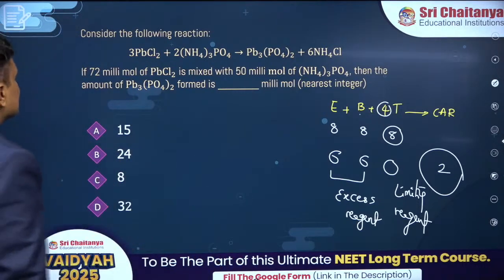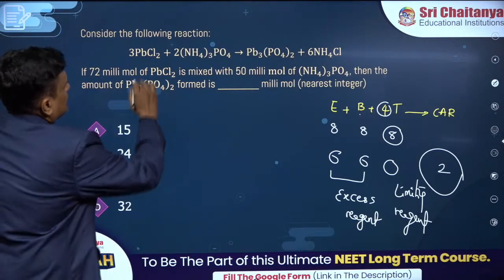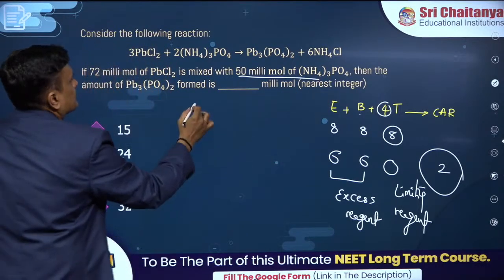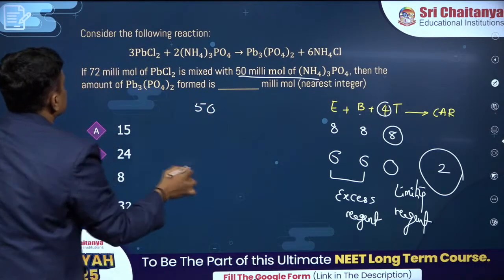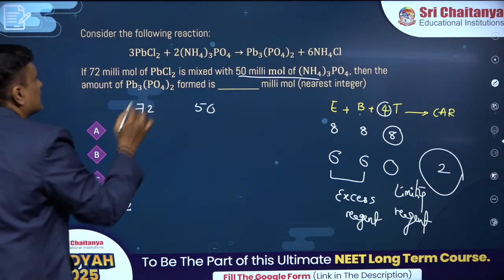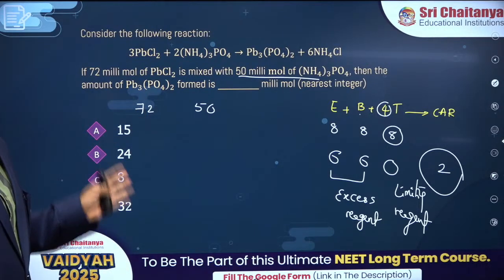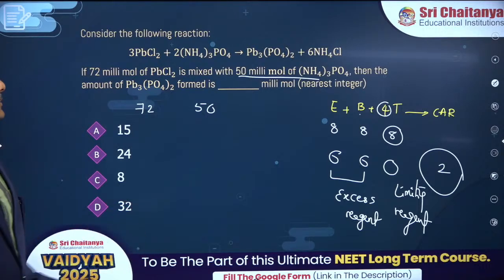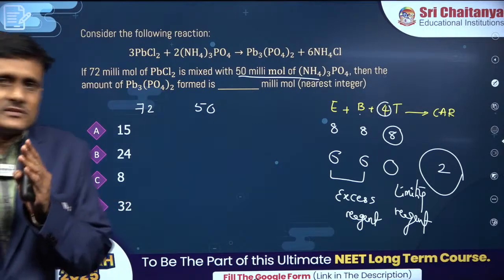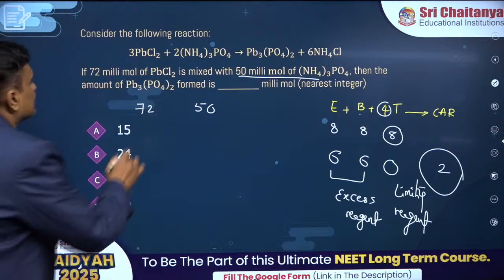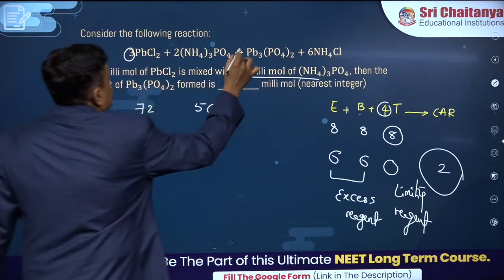So now when you take this, you can see that it's a balanced equation. 50 millimole of ammonium phosphate and 72 millimole of lead chloride are mixed. Then lead phosphate is how much? You should see which is giving rise to the least product, and that is your answer. 3:1 is the ratio.